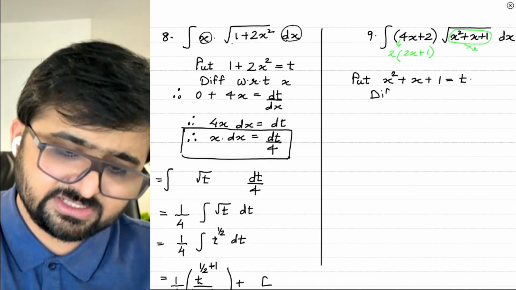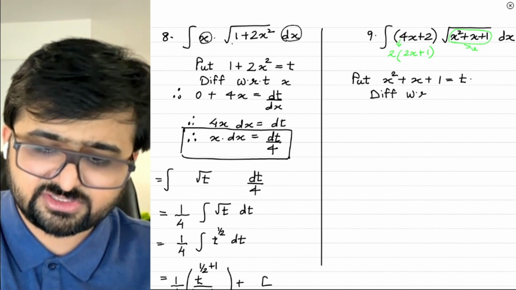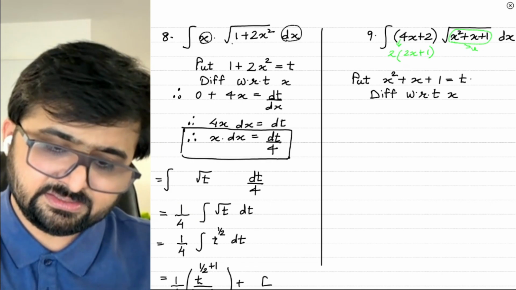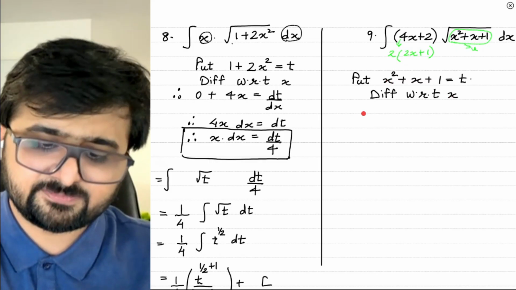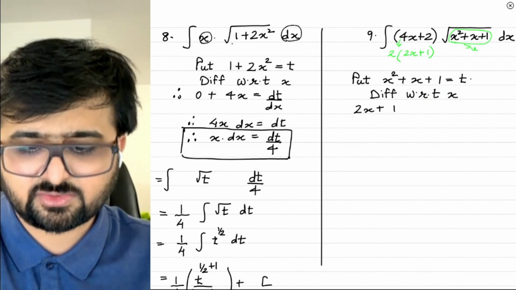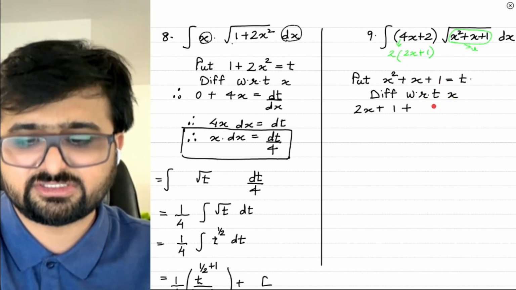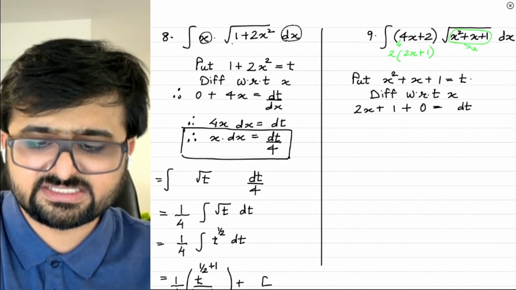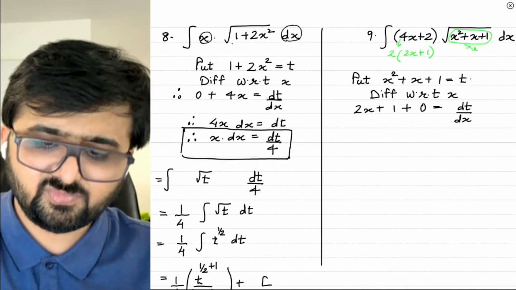And then you differentiate with respect to x. Then you get derivative of x square with respect to x is 2x plus derivative of x with respect to x is 1. Derivative of 1 with respect to x is 0. Derivative of t with respect to x is dt by dx. Okay.